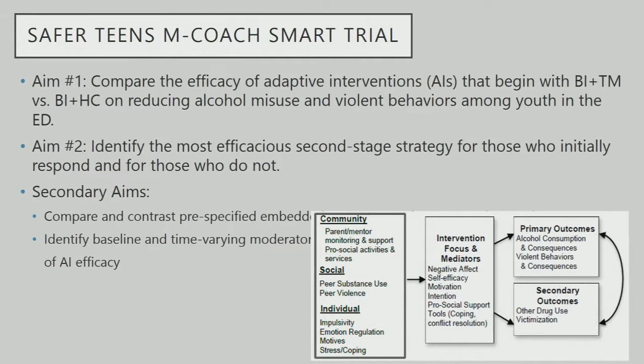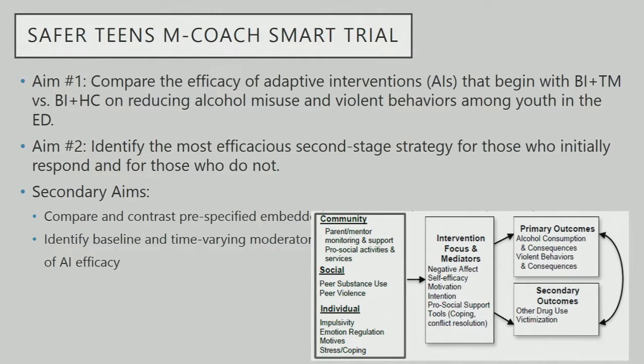So the SMART trial that came out of this is the question of which of these packages of interventions is the best way to design an adaptive intervention. So the first 2 aims are the main effect aims, so looking at what's the best first stage strategy, either starting with brief intervention plus text messaging or brief intervention plus what we were calling health coach, that remote therapy portion, to reduce alcohol misuse and violent behaviors.